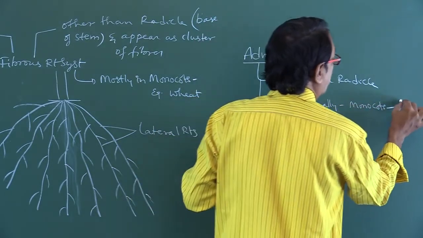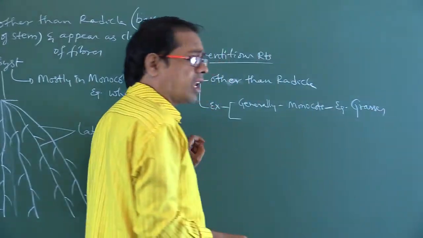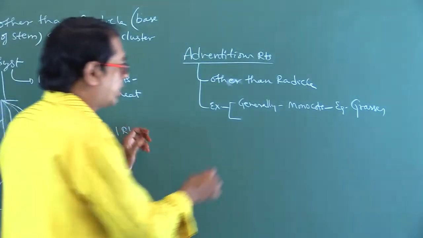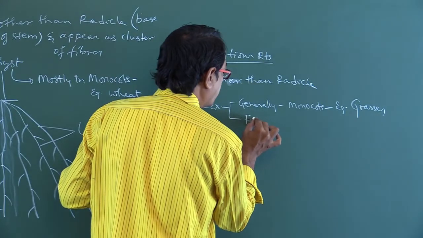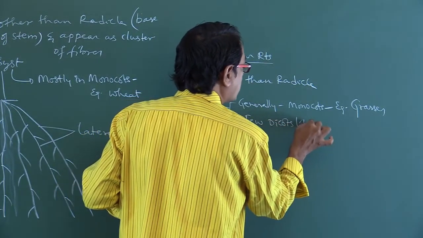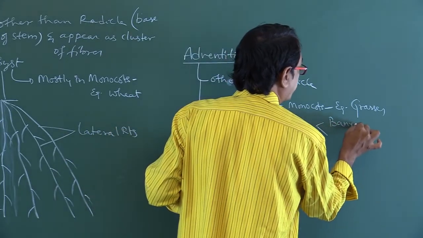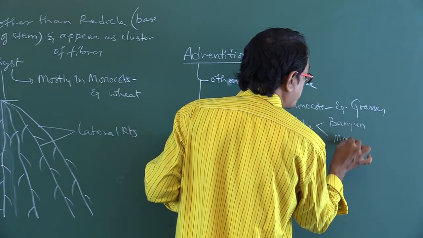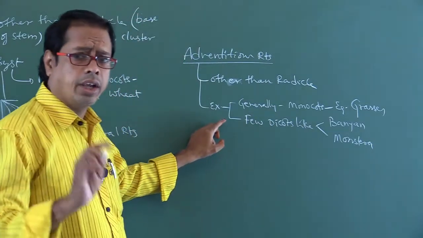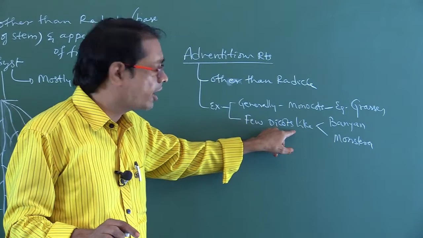Examples: generally monocots, such as grasses. And a few dicots like banyan and monstera. These two are dicots.